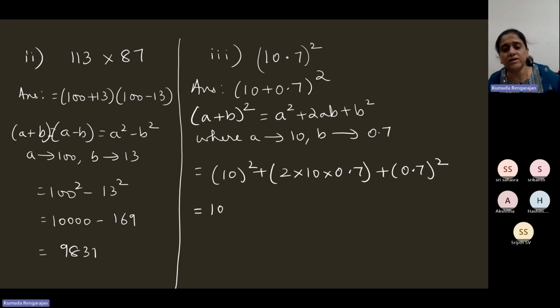So 10 squared is 100, plus 10 into 0.7 is 7, 7 twos are 14, plus 0.49. 7 sevens are 49, 2 decimal places. So the answer is 114.49. I'm correct. Very good.